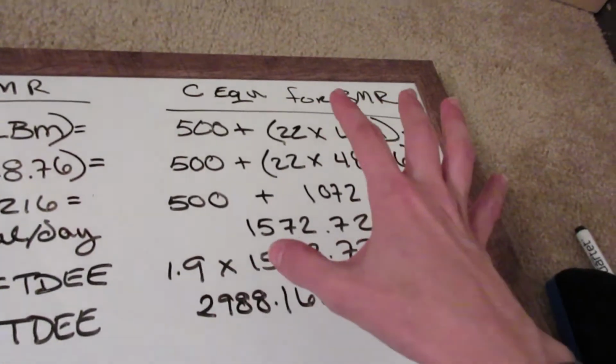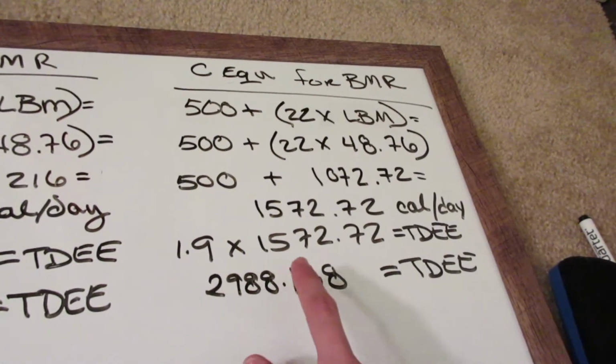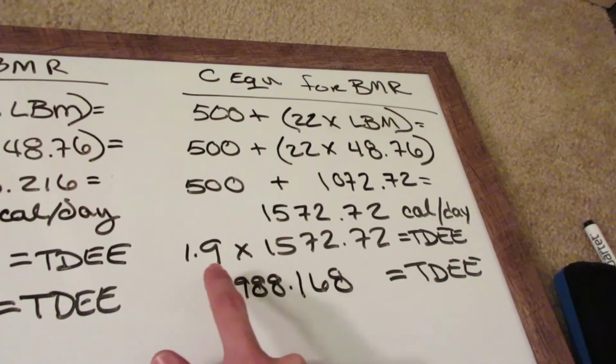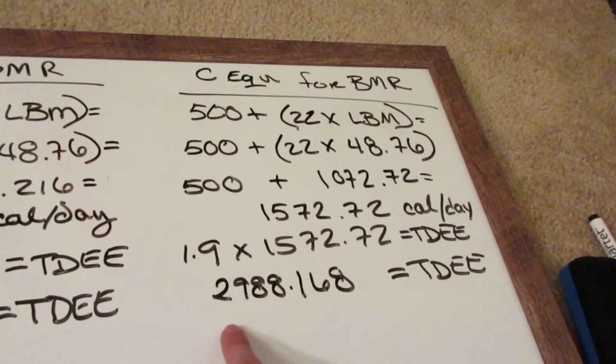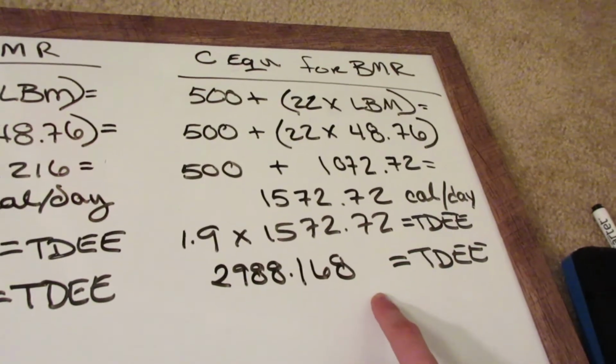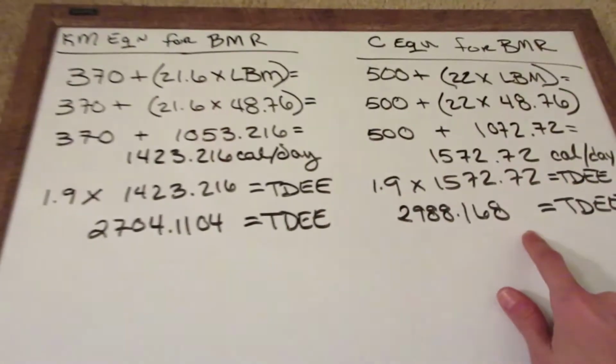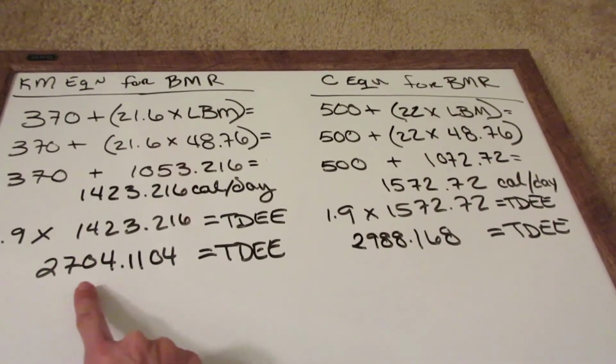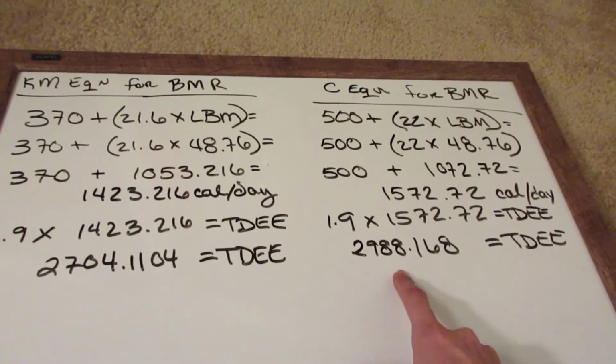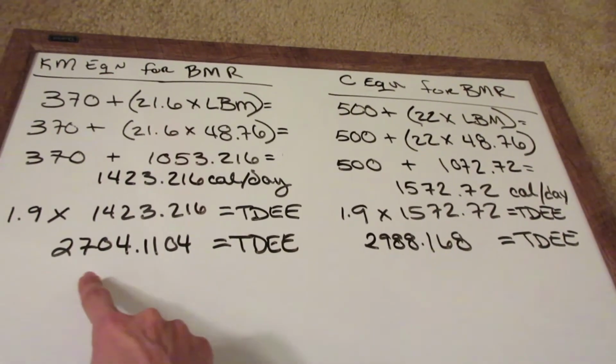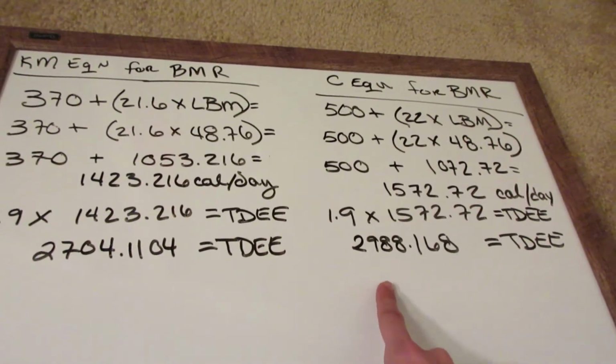As far as the Cunningham, same thing, taking my BMR times the 1.9. Again, this is what my calories should have been. Now, I'm going to pull back here so you can see both of these numbers. These really aren't super different, if you can see there.